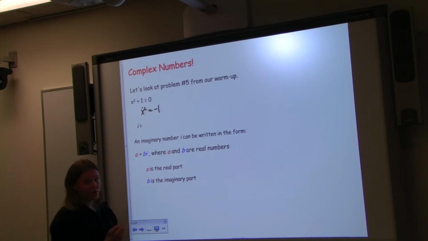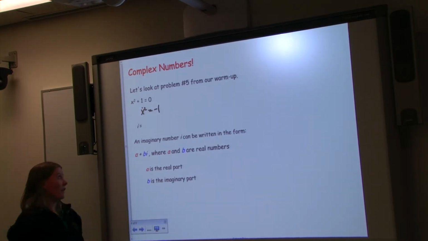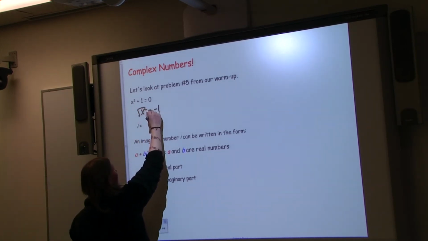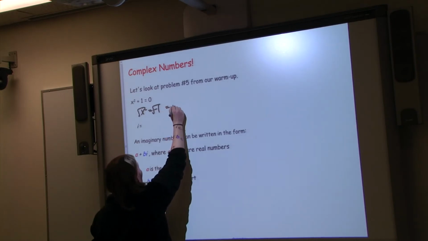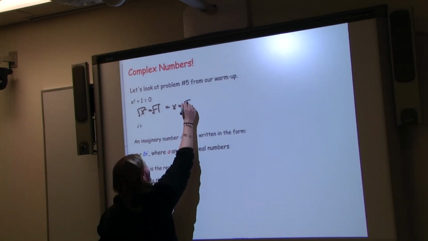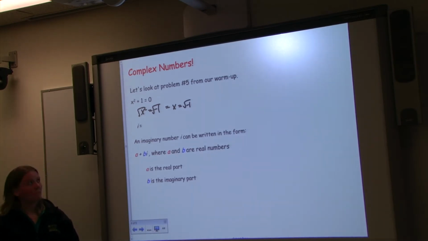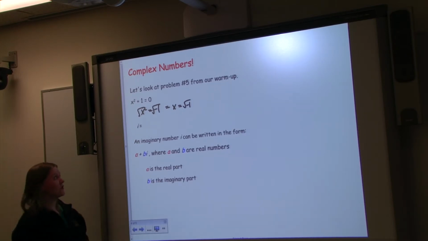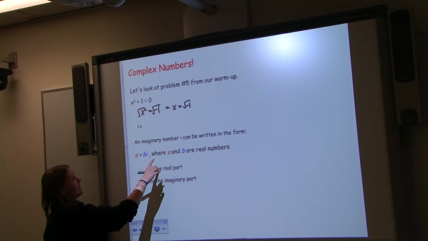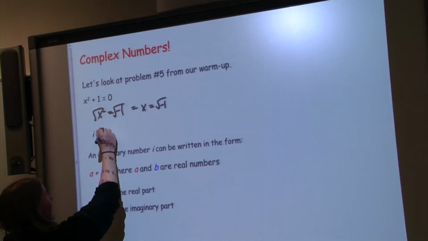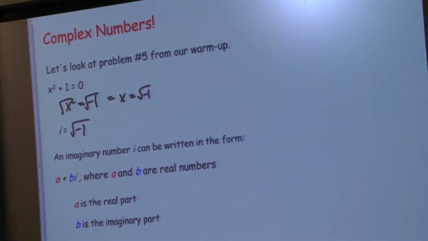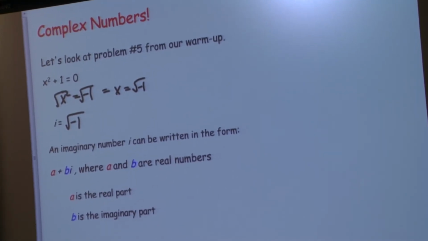Since you solved it like you would normally, you take the square root, and you get x is equal to the square root of -1. It's called imaginary because there's no number times itself that gives a negative number under the square root. So that's where i comes in, and i is equal to the square root of -1.